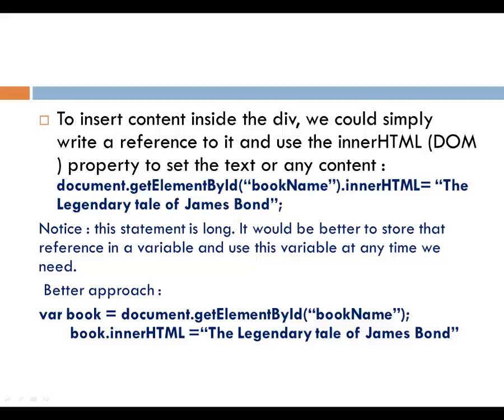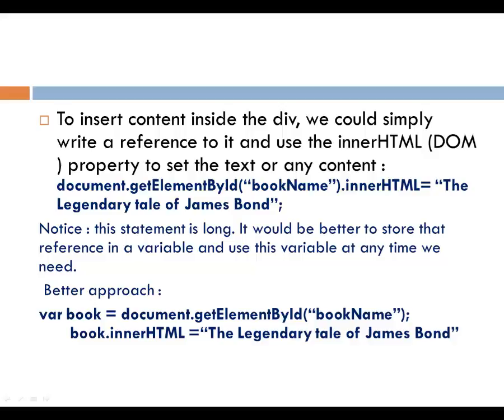Now there is one thing that we should figure out here. We have to notice that this statement is lengthy, and it's not good to write long statements in programming. So the best approach is to take this reference here, document.getElementById book name, and store it or keep it in a variable. And this is what I've done right here. So we'll say var book.